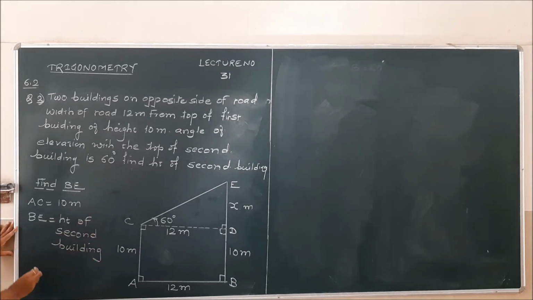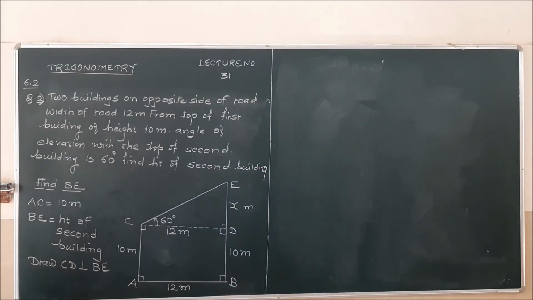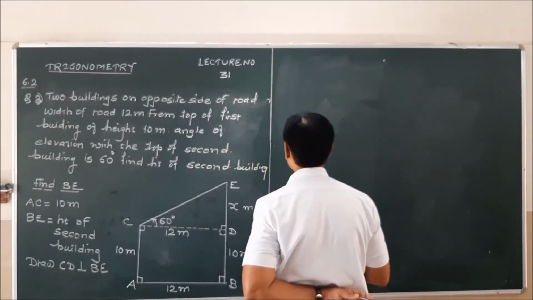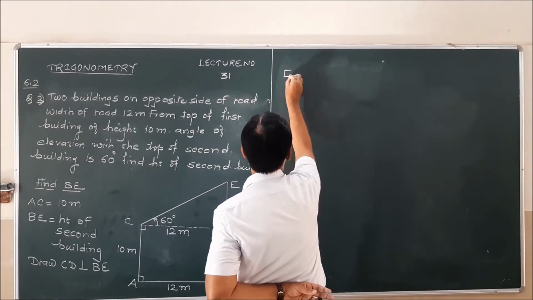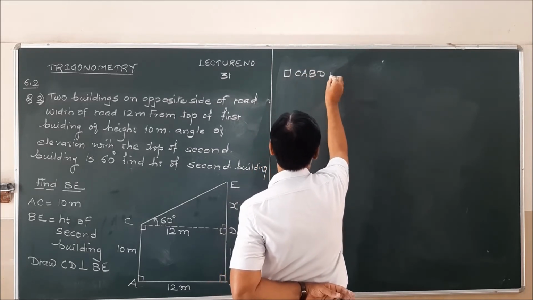Then we must say draw CD perpendicular on BE. Height of second building is BE. AC is 10 meter. Draw CD perpendicular on BE. Then quadrilateral CABD is a rectangle.